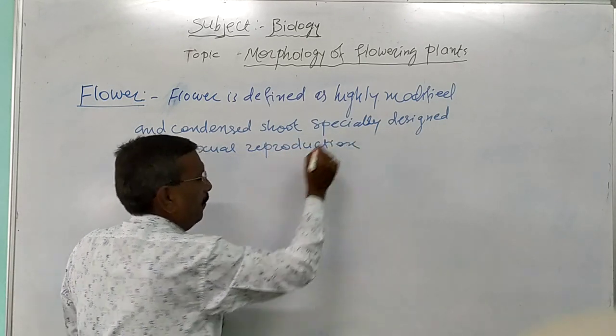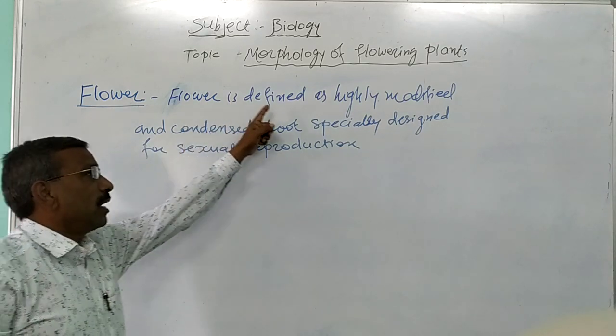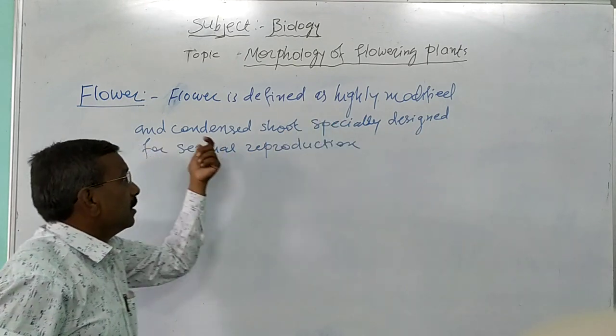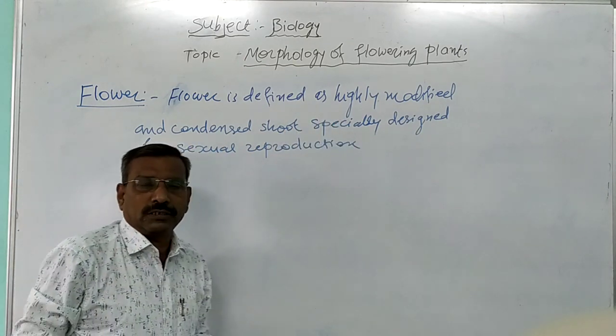Now this is the definition of flower. Flower is defined as a highly modified and condensed shoot specially designed for sexual reproduction.